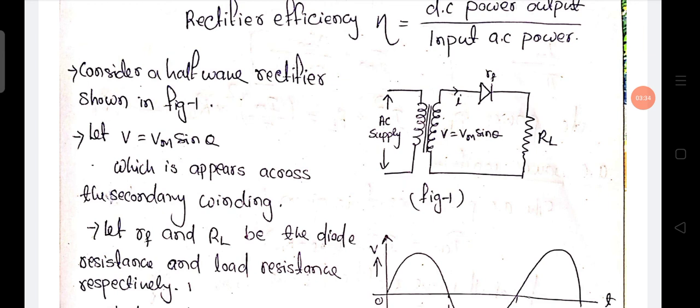In reverse bias, the PN junction diode shows a high resistance path, while in forward bias that resistance is negligible. Here we consider that small amount of resistance of the diode, which is Rf, and the load resistance, which is RL. This is the load resistance, and this is the diode resistance.